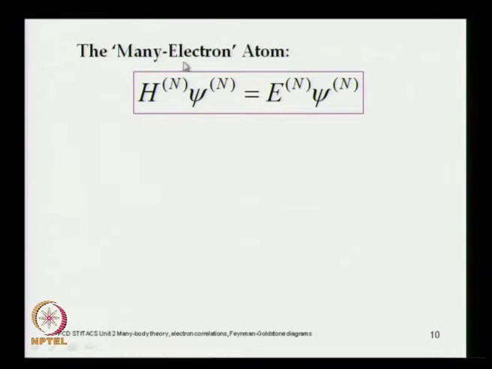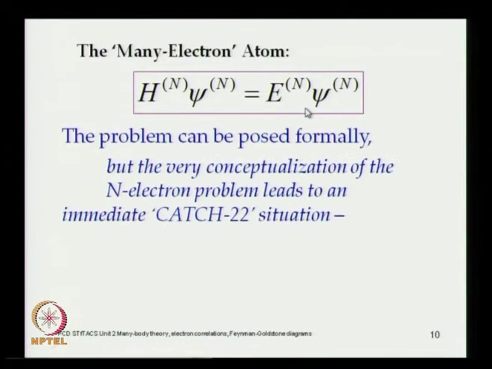And the many electron Schrodinger equation is H psi equal to E psi for the n number of particles, and this is what we called the catch 22 situation.